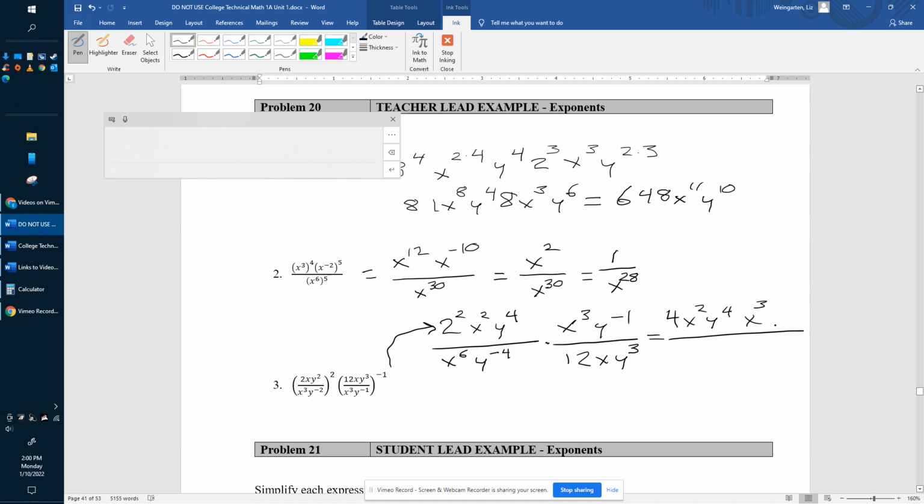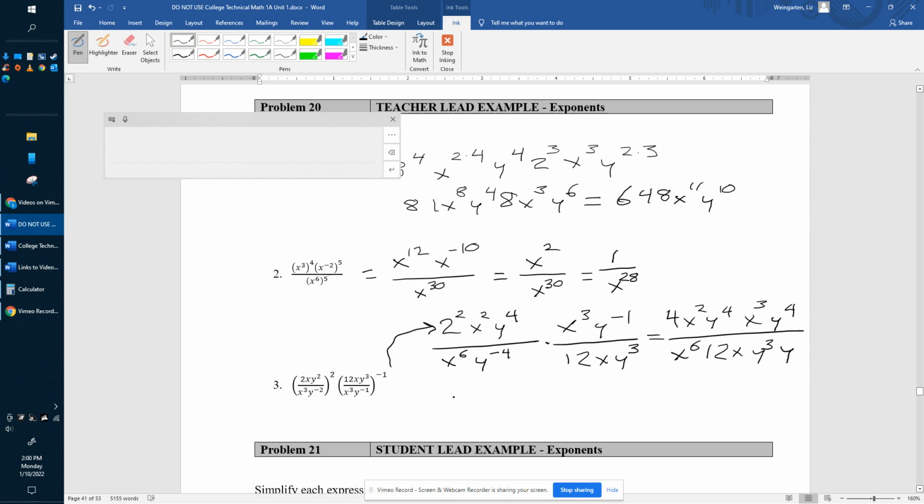That has to go on the top too. So that's going to be a y to the 4th. 2 y to the 4ths on top. Now what's on the bottom? We have x to the 6th, 12, x, y to the 3rd, and then we have a y to the negative 1 on top, so that's going to go on the bottom.